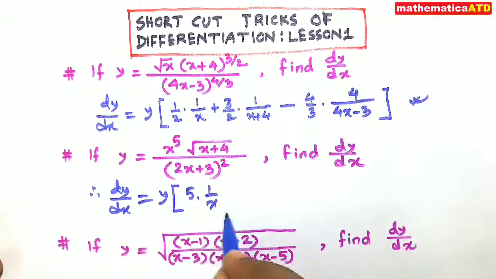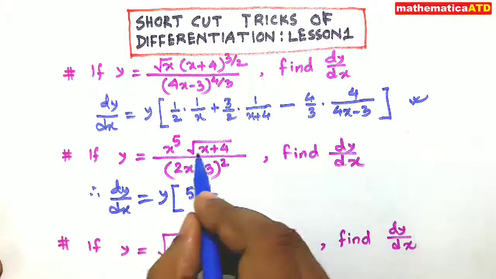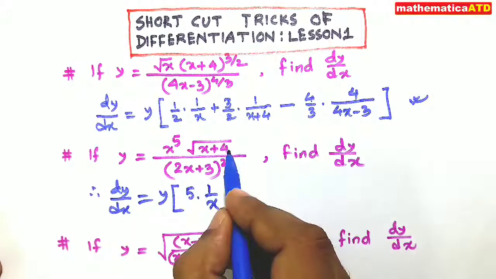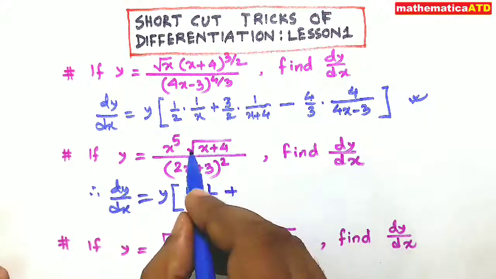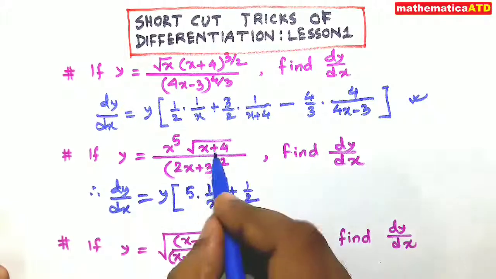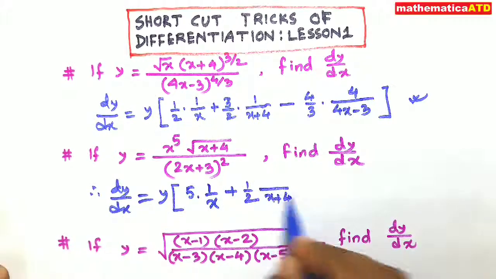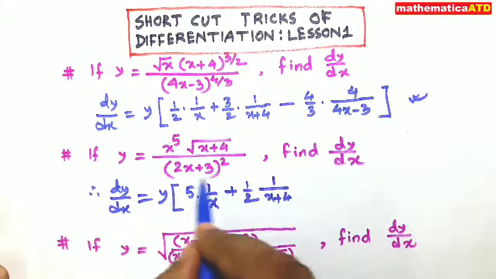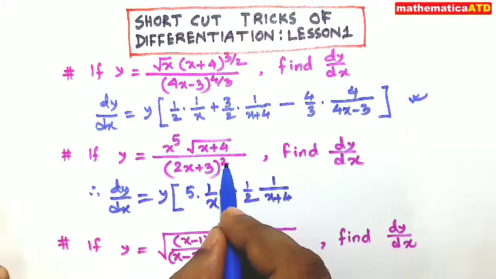This x will be written in the denominator, and the derivative of x is 1. And next part is root over x plus 4, and since it is in the numerator, put a positive sign, and the power is half, so put half, and x plus 4 will be written in the denominator, and the derivative of x plus 4 is 1.